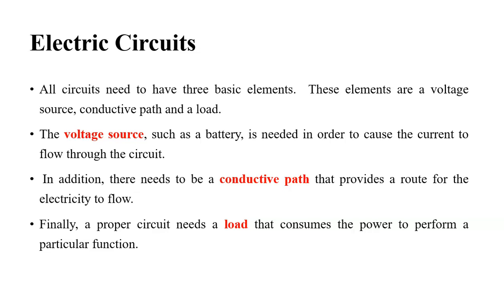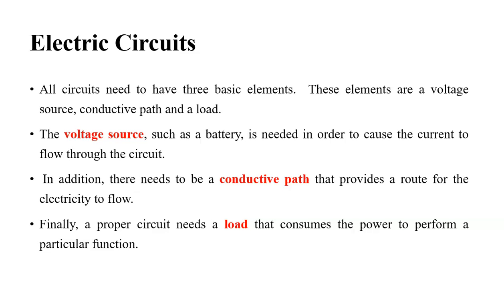The conductive path is a path through which the current flows in the circuit. It is a kind of wire we use for different prototyping tools, or a path of conductive material on a printed circuit board. The third basic element is the load.